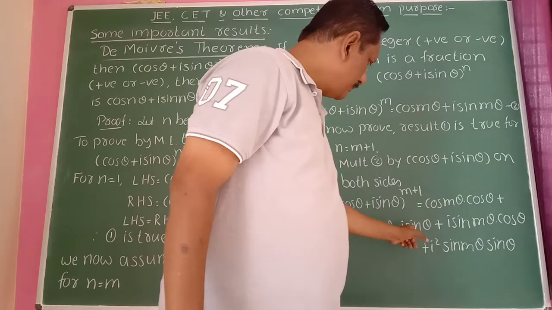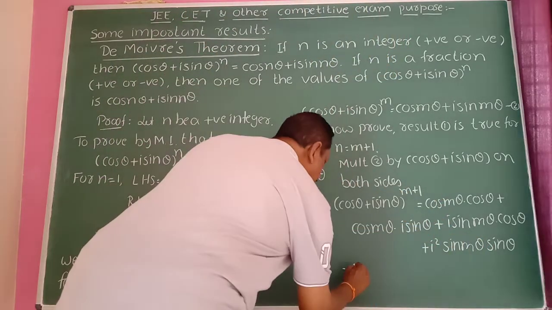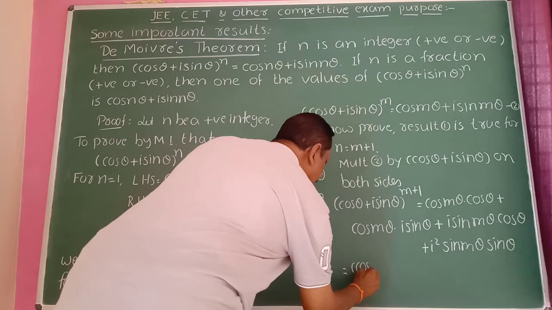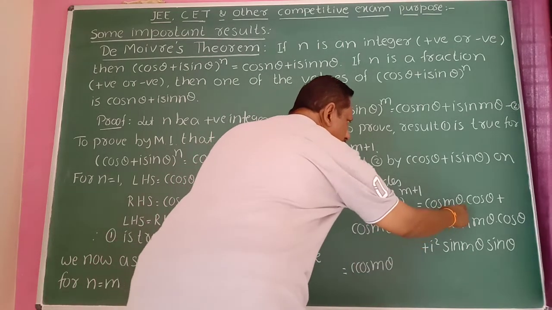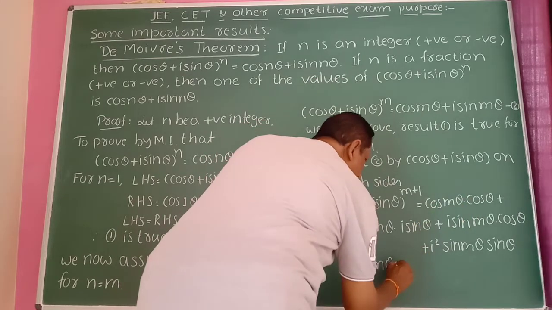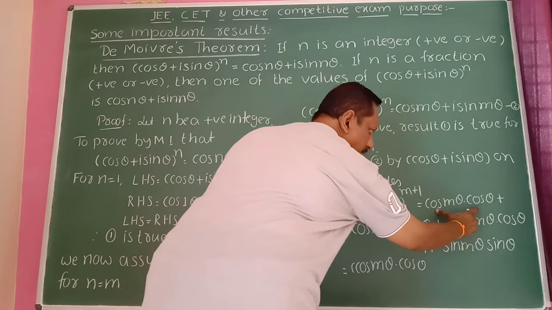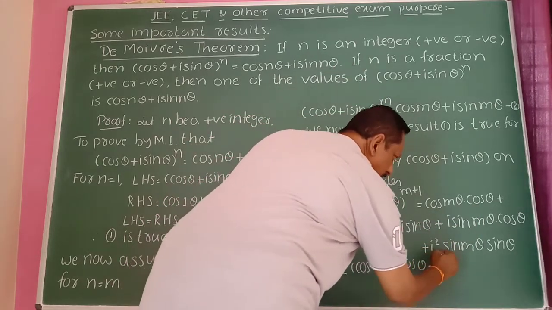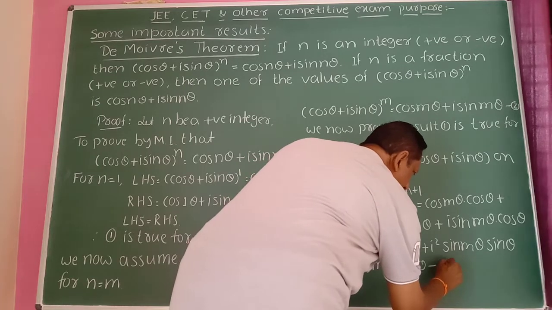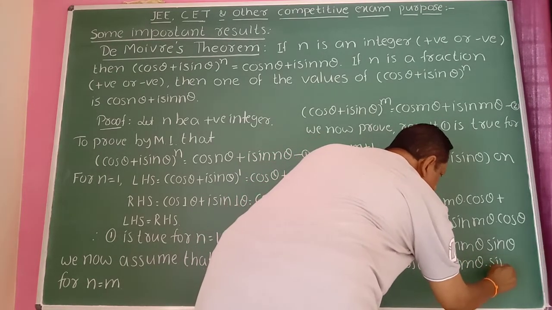So this is a real part and this is also a real part. Write the real parts in one bracket: cos of m theta into cos theta. This is a real part because there is no i term here. And i square becomes minus 1, so this becomes a real part: minus sin of m theta into sin of theta.